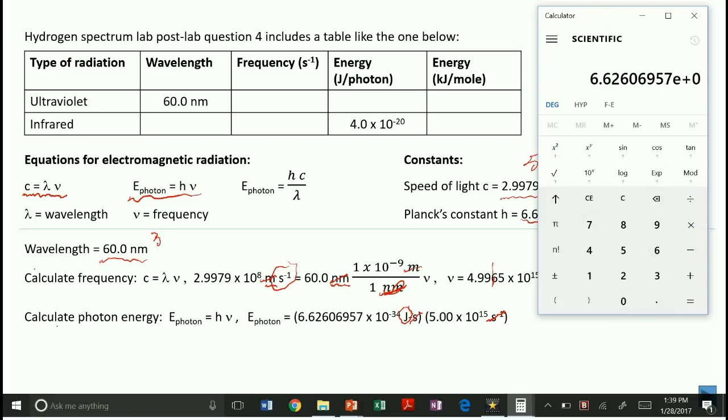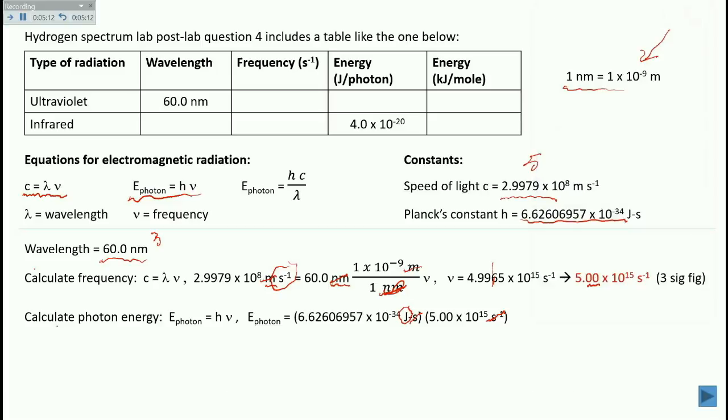6.62606957 times 10 to the minus 34 times 5 times 10 to the 15th equals, in scientific notation, 3.13034785 times 10 to the minus 18. Let's plug that in. Now, once again, I need to round that.